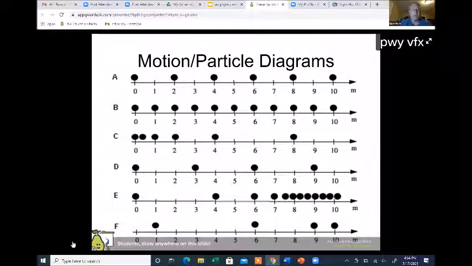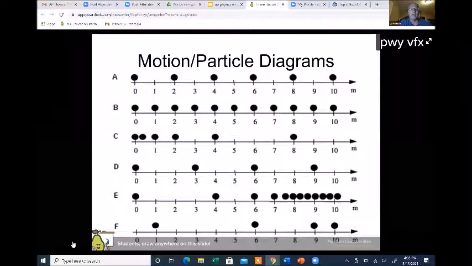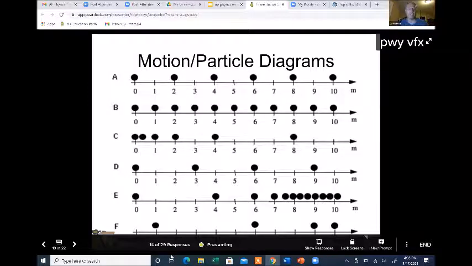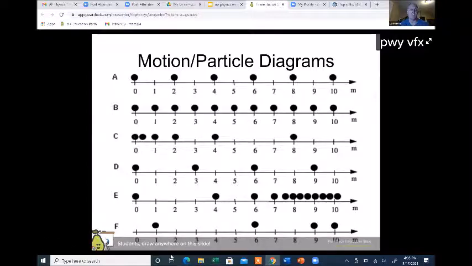There are 2 or 3 of them moving with constant positive velocities, but I want you to circle the one that's moving with the slowest constant positive velocity. Take a minute and do that. Again, you're just circling the letter of the one you think has the slowest positive constant velocity.